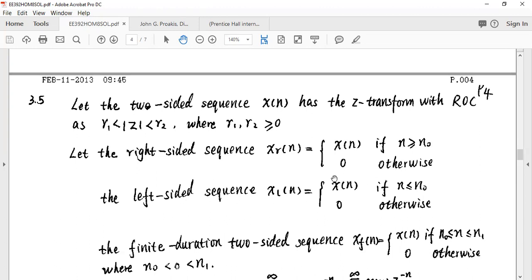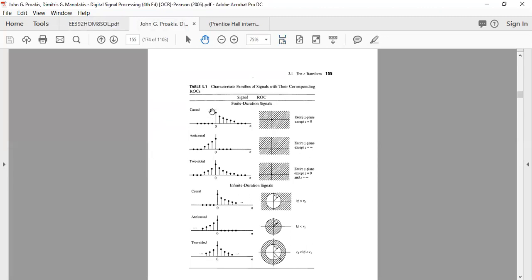For the left-sided sequence, it is x of n if n is less than or equal to n naught, or 0 otherwise. So if you assume that your n naught is equal to 0, you'll end up with this particular sequence, isn't it? If your n naught is greater than 0, a right-sided sequence will be something like this.